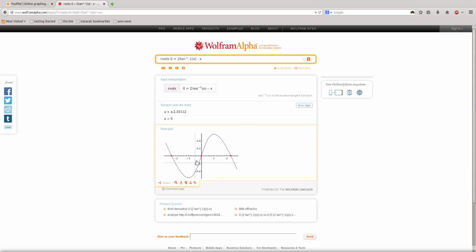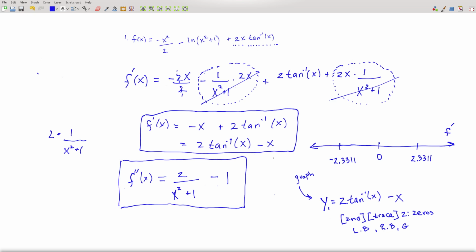Positive, negative, positive, negative. Let me indicate that on my sign chart here. So on my sign chart, it starts off positive, then it becomes negative, then it goes positive, and then it finishes up negative. So now I have a sign chart for the first derivative.